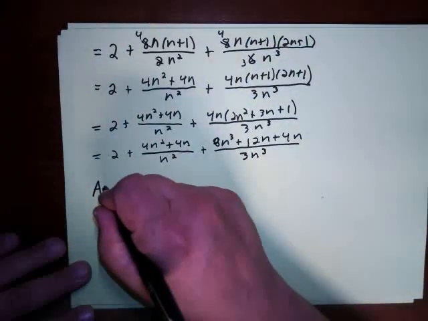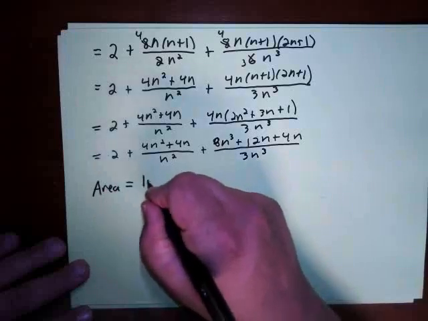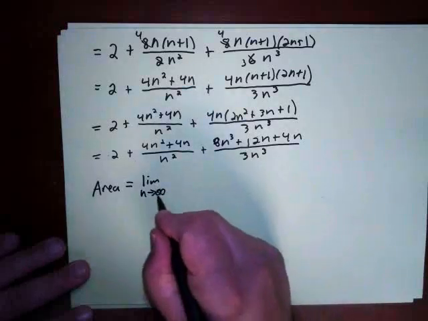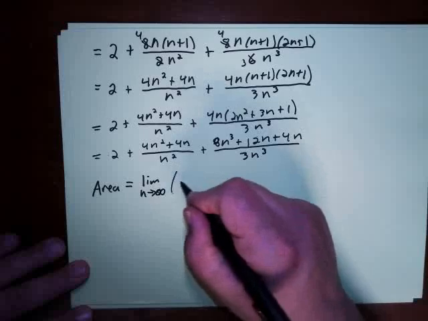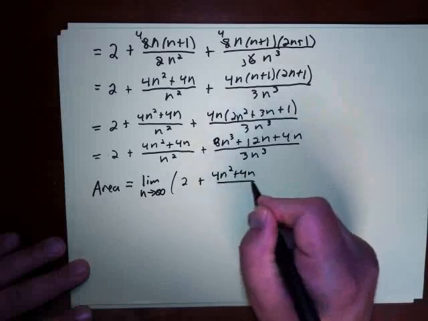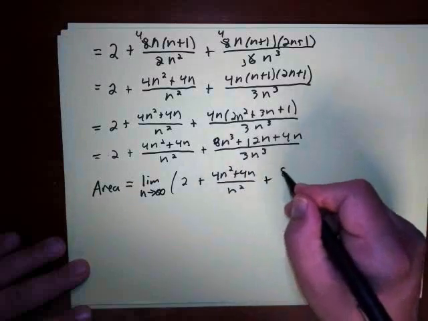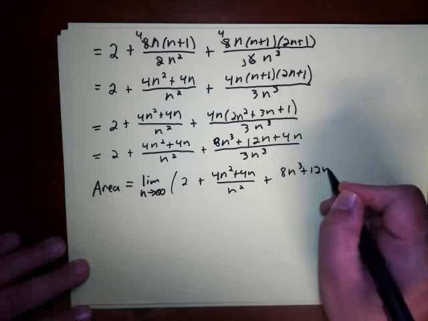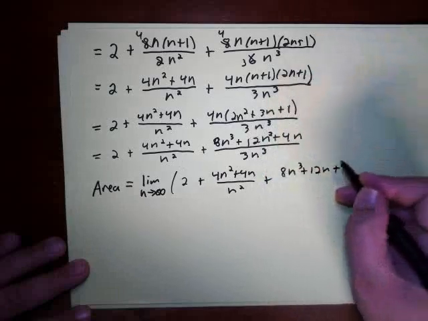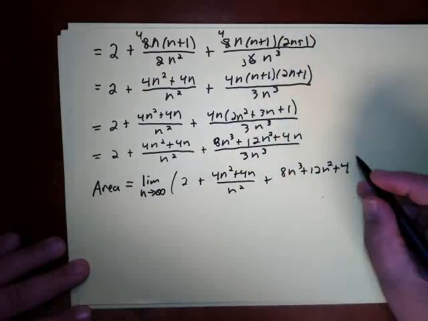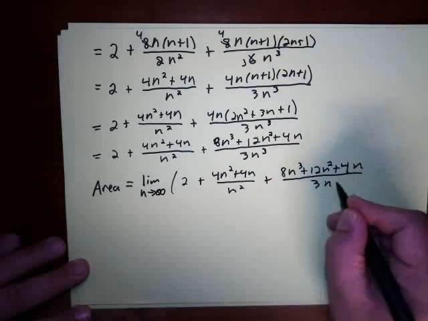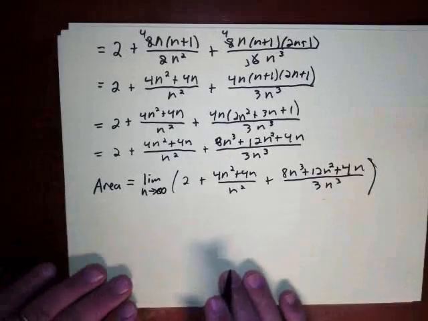So the actual area that I'm looking for is equal to the limit as n goes to infinity of this whole thing, 2 plus 4n squared plus 4n over n squared plus 8n cubed plus 12n squared plus 4n all over 3n cubed. So it's equal to that limit.